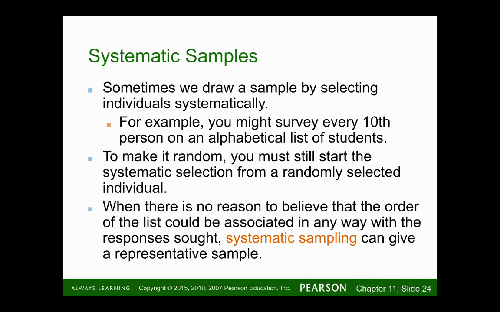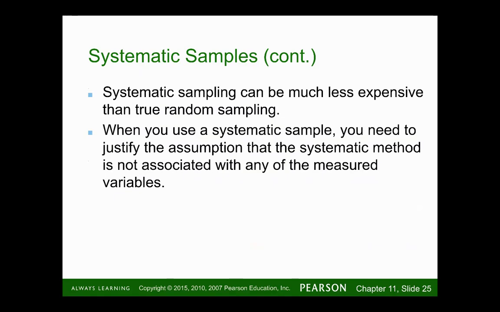Systematic sampling can give a representative sample as well, and can be much less expensive than true random sampling. When you use a systematic sample, you may need the assumption that the systematic method is not associated with any of the measured variables.